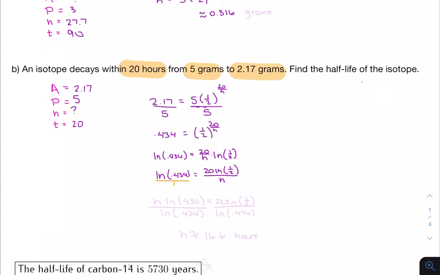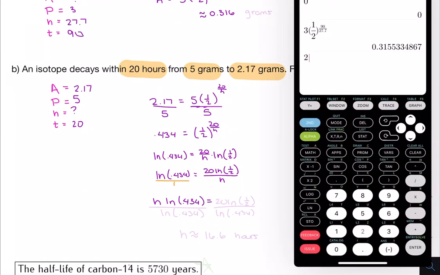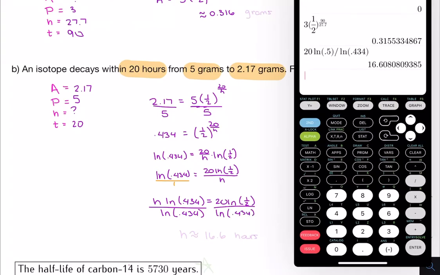So we have h times ln of 0.434 equal to 20 ln of 1/2. And now from here, just divide by ln 0.434 to get h by itself. So divide by ln 0.434 and then plug this into your calculator. So h is approximately equal to 16.6 hours.